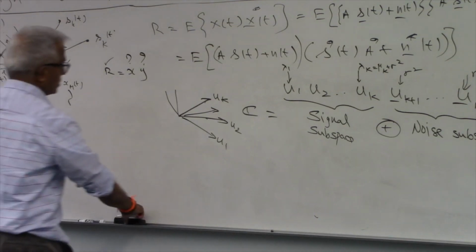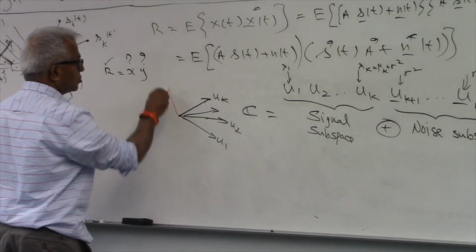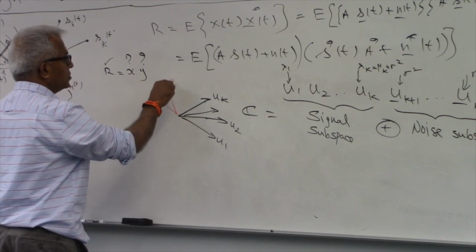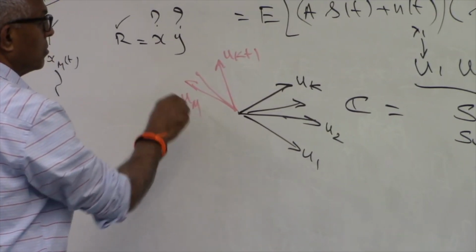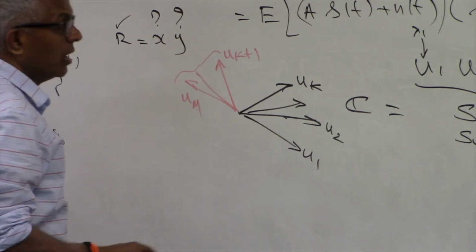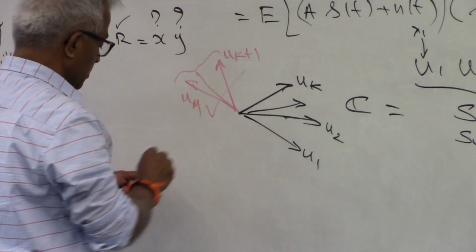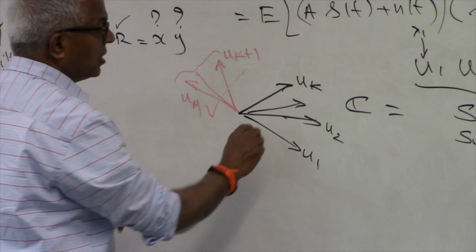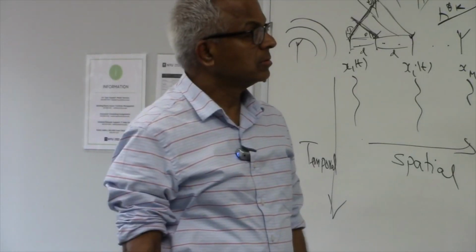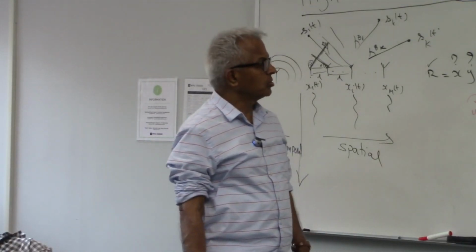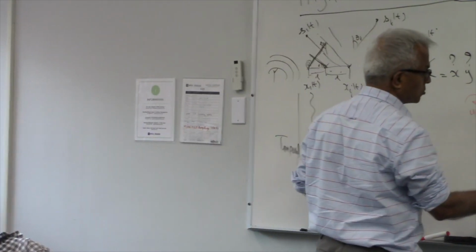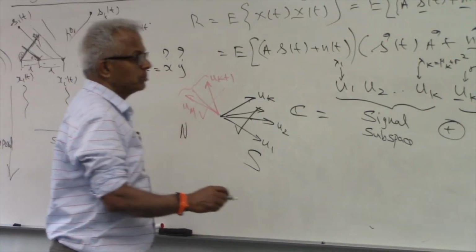Then you have an orthogonal space which is uk plus 1 through um. Both these sets of vectors we have in our hands. So the whole space is decomposed into this signal subspace and this noise subspace.